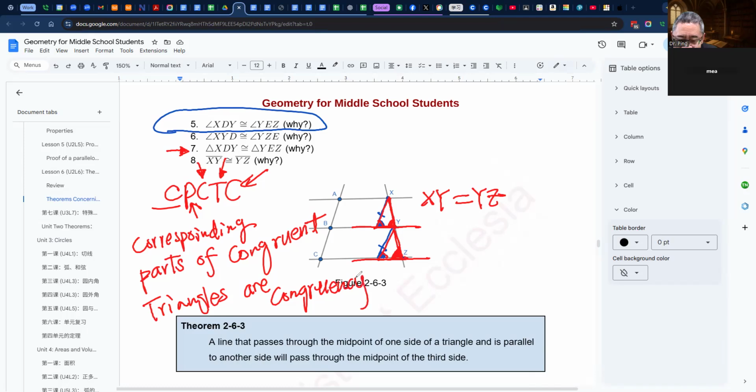So if we want to give a reason, we just say CPCTC: corresponding parts of congruent triangles are congruent. So therefore, we prove that as long as AB is equal to BC, then XY has to equal YZ. Okay?